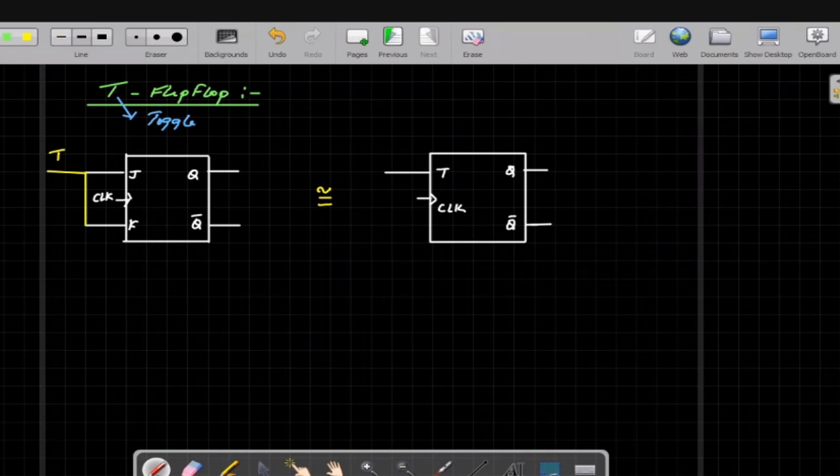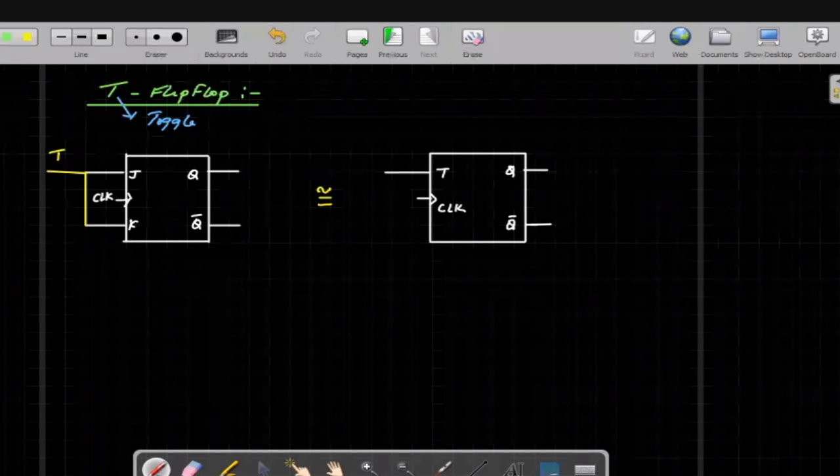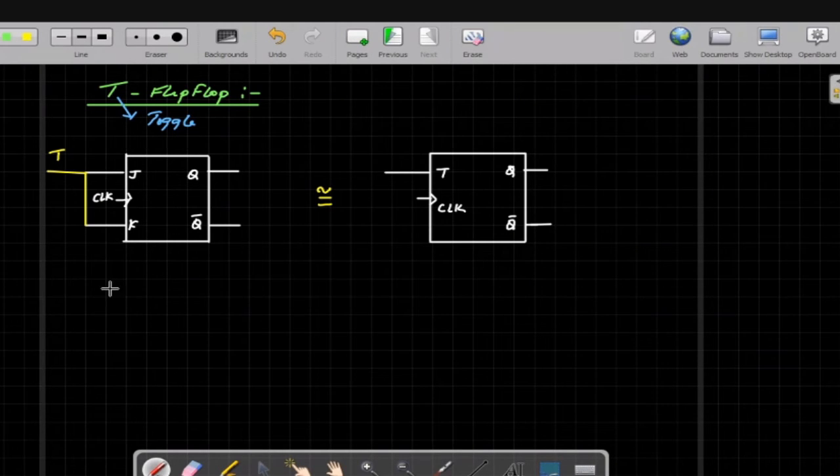This is your T terminal, this is Q, this is Q bar, and this is your clock or CLK. Okay, so just because we are using JK flip flop here, let me write down the truth table of JK flip flop: J, K and Qn plus 1. If you remember, for 0 0, what is the present state? Qn.